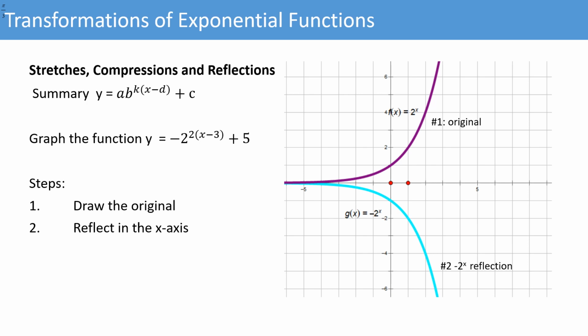So if we take the summary of y is equal to a times b to the exponent k(x minus d) plus c, and we graph an example to illustrate this, of negative 2 to the exponent 2(x minus 3) plus 5, we drew the original, which is the dark blue color, and now we have our reflection for number 2, which is in the aqua color.